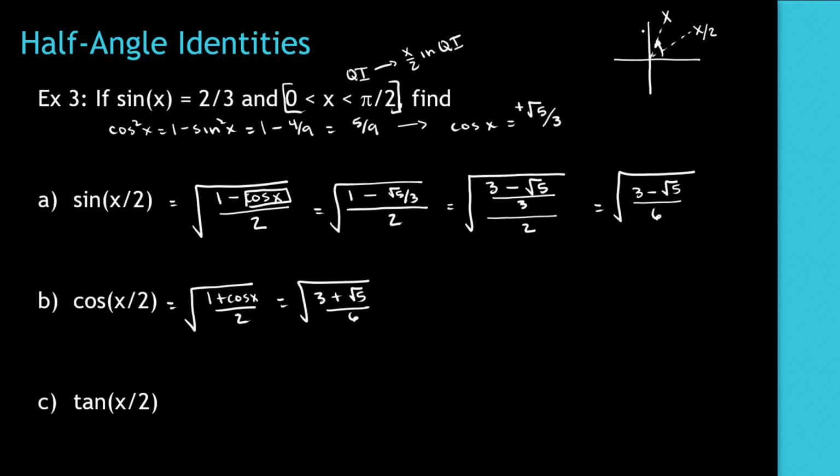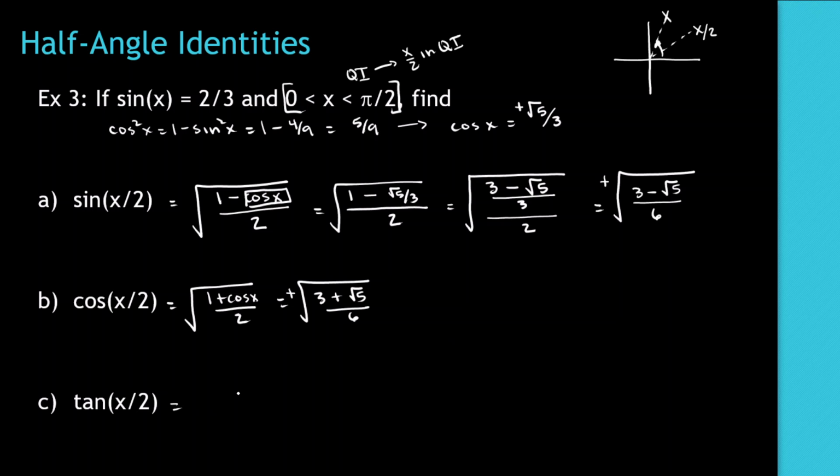Okay, as the angle gets bigger and goes into quadrant 2, and I cut it in half, x over 2 will be in quadrant 1 again. As I go around to quadrant 3, then cutting it in half is going to bring me back up to the top of the circle, and so on. So you need to check and think through that as you determine. But both of these are going to be plus.